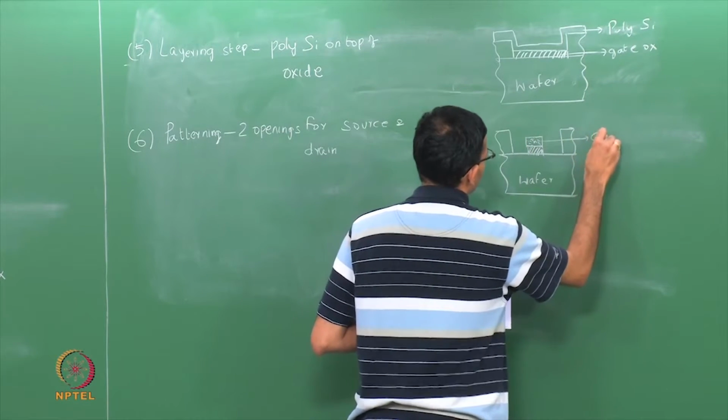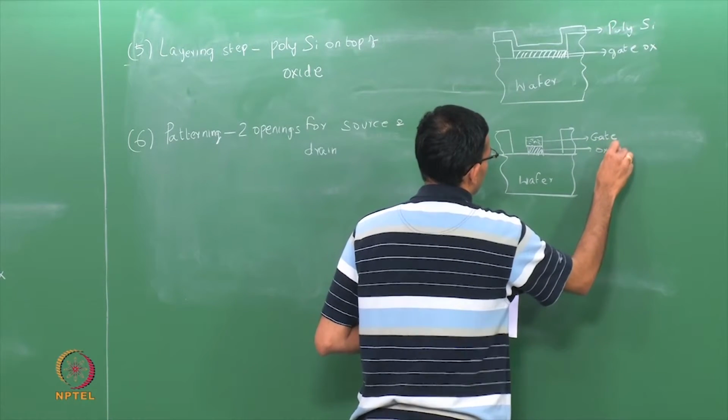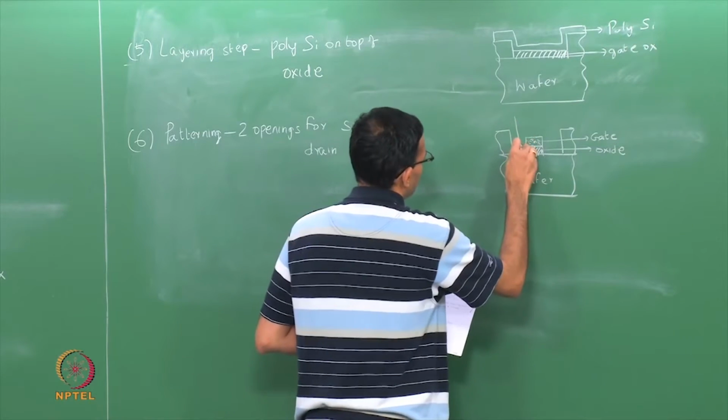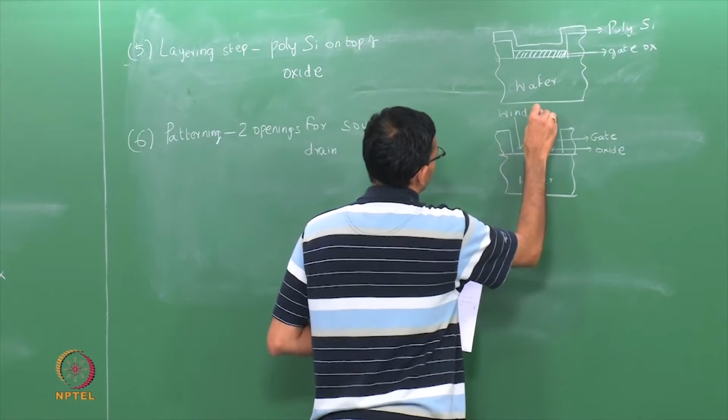This is the gate, that is the oxide, and you have two windows that are open for forming the source and the drain.